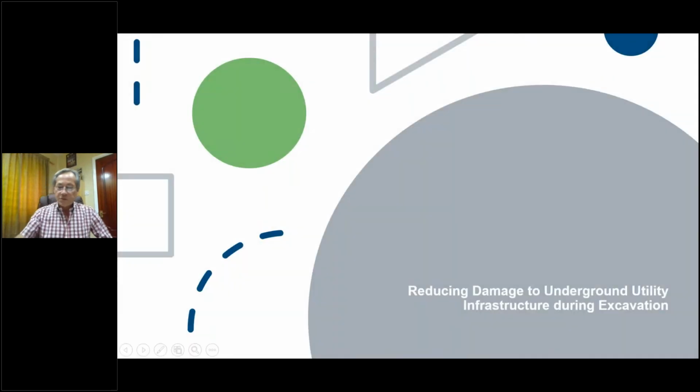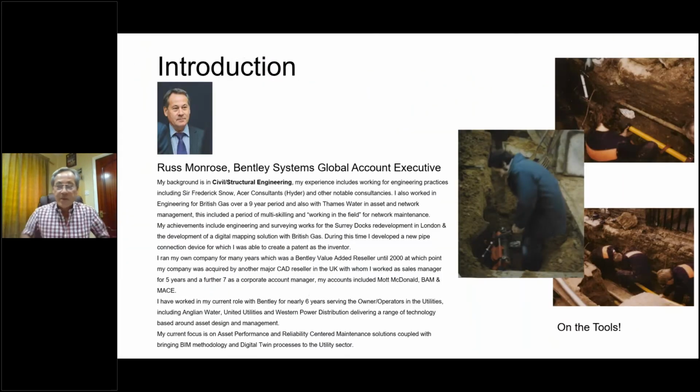I just want to do this very quickly, just really to set the scene. So that's who I am. There are some pictures of me way back down in the trenches, so I feel as if I've got some credibility in as much as I've been down in the trenches repairing gas pipes with North Thames Gas when it existed so many years ago.